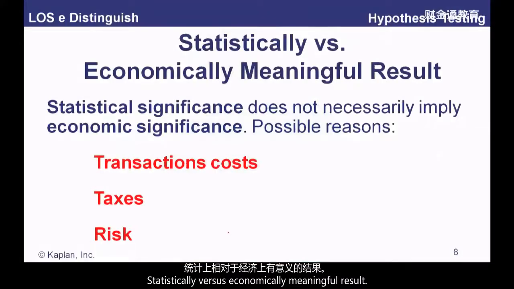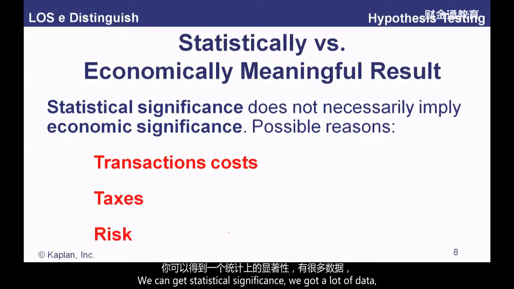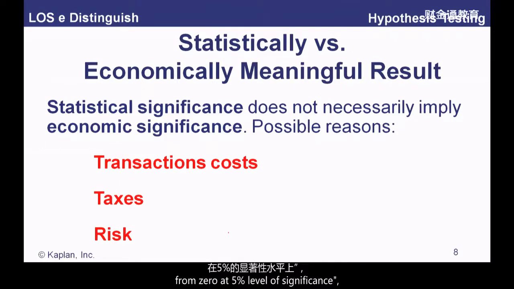Statistically versus economically meaningful result. Well, we can get statistical significance if we've got a lot of data. We may find, yes, that mean is statistically different from 0 at 5% level of significance.